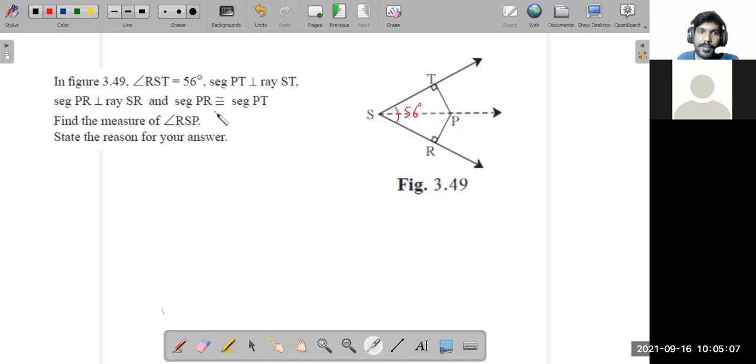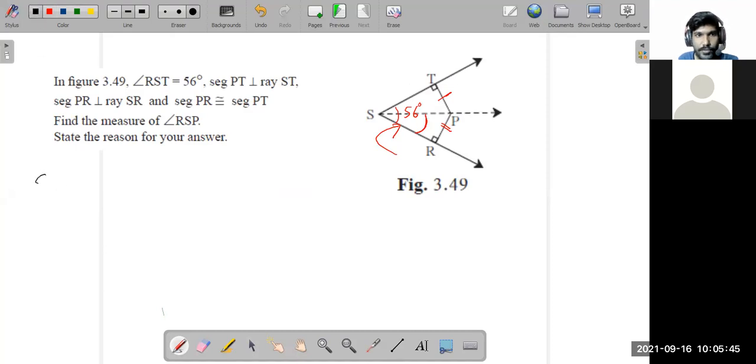Then PT is perpendicular to ray ST. Also, PR is perpendicular to ray SR. And segment PR is congruent to PT. You have to find the measure of angle RSP. Do you understand the question?